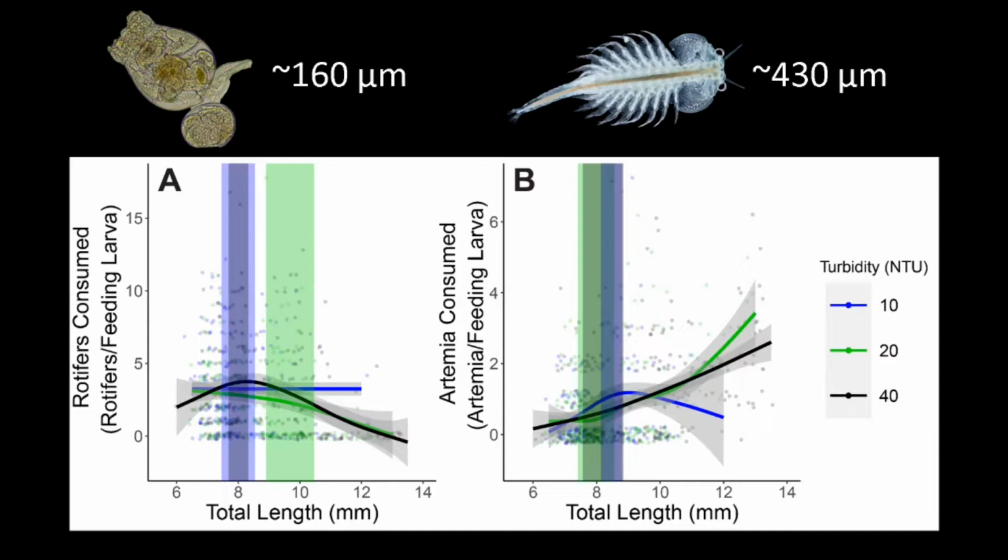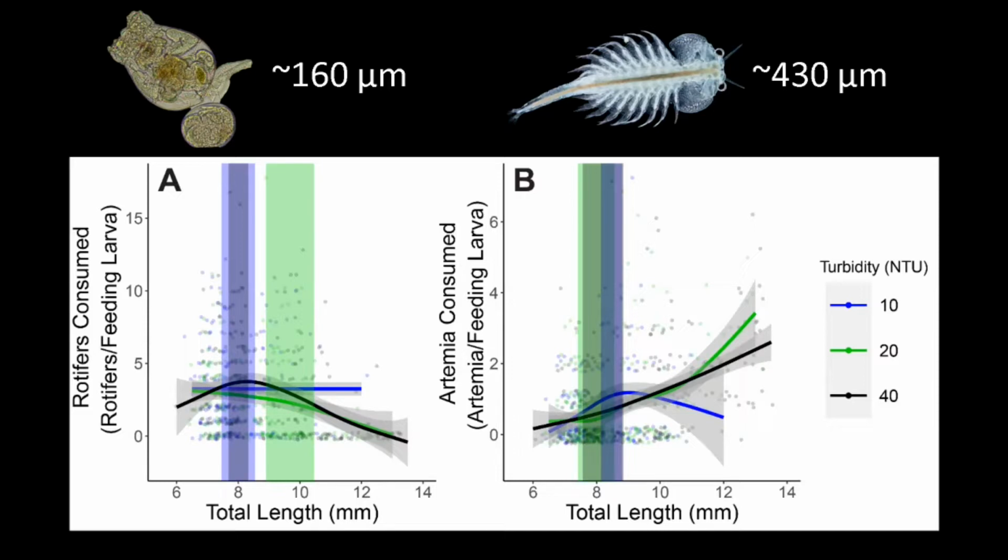And what seems to be the case is that for the lower turbidities, about 8 millimeters in length is when these larvae begin to feed less on rotifers. This is mimicked over here on the right for Artemia, which is a larger feed, where about 8 millimeters in length, they start transitioning to feeding more heavily on Artemia.